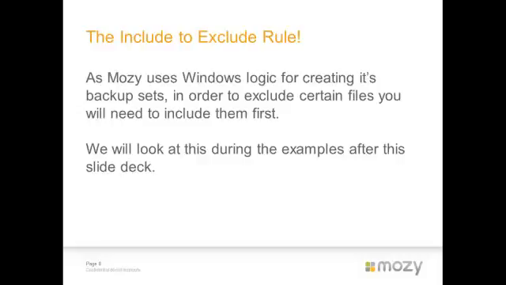If you were to logically think how you would exclude something, it's slightly different from Windows logic on the computer system. So when you want to exclude something, you need to include it first in the backup set. I'll explain that in the demonstration, and I'll show you how it works.